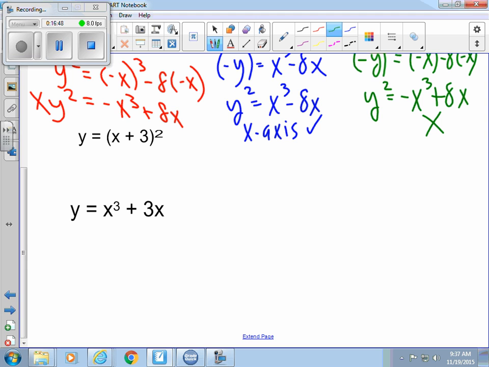We could make an equation that's a circle, couldn't we? Somebody could. And what kind of symmetry does a circle have? All. X-axis, y-axis, origin. So yes, you could have multiples. You could have all three. An ellipse would also have all three. So there's some shapes that could have all three.